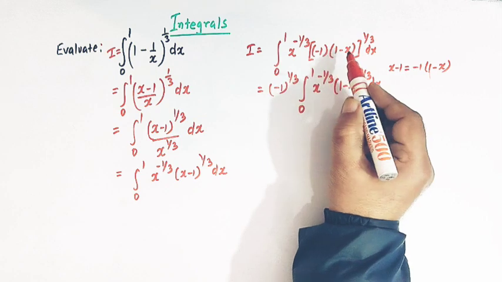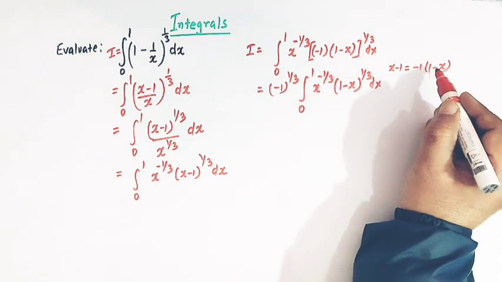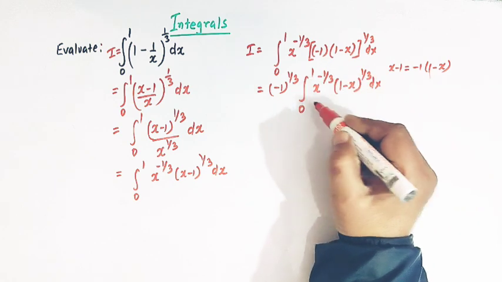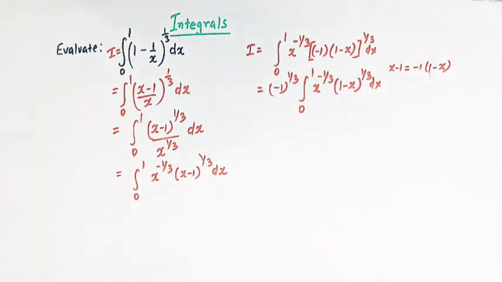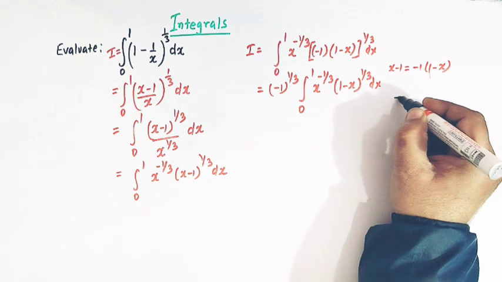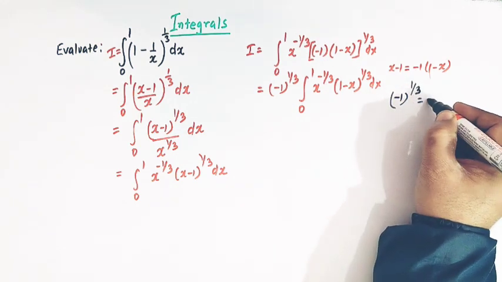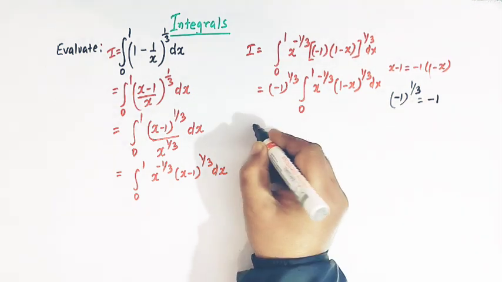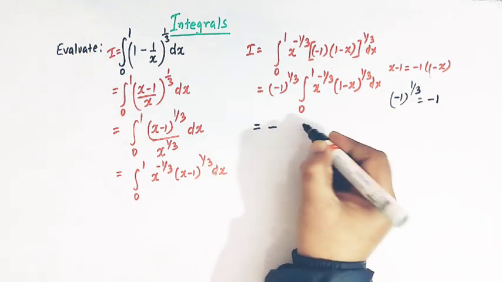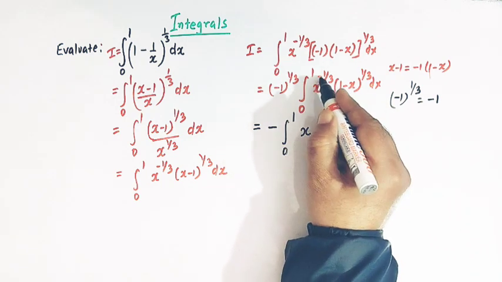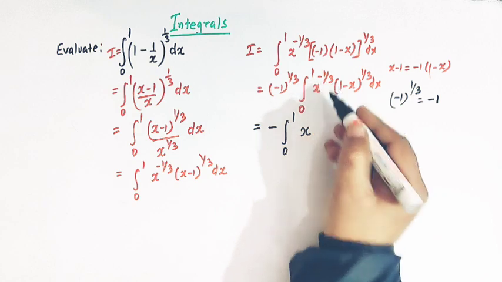So here we have taken minus 1 common from x minus 1 in order to convert this integral into a beta function. So now here (minus 1) raised to 1 over 3 is equal to minus 1, right? So we can now write minus, then we have 0 to 1, and here we have x raised to minus 1 over 3.